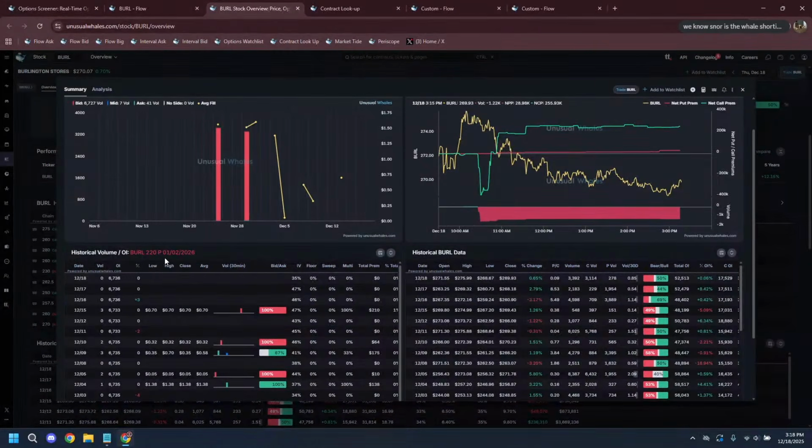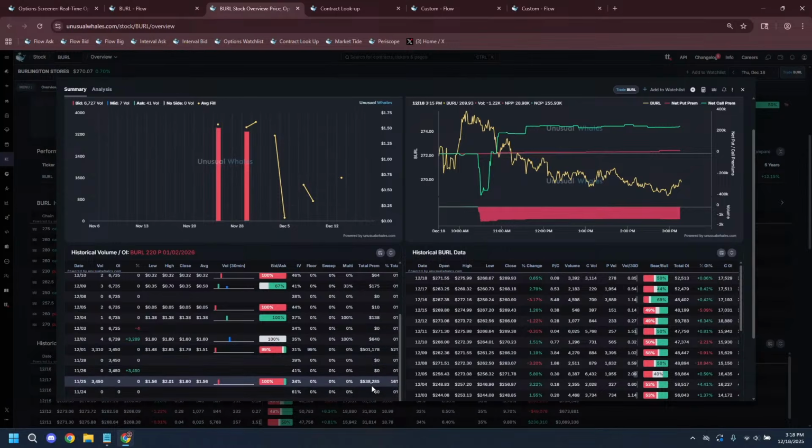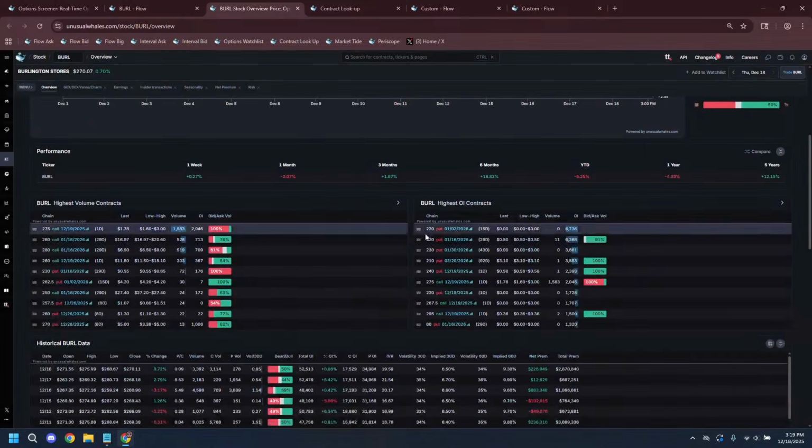If it trades over 220, your short put expires worthless and you profit. So there's potentially 538,000 on the line here for this lot. This lot is 500,000, so this is basically a million-dollar trade.